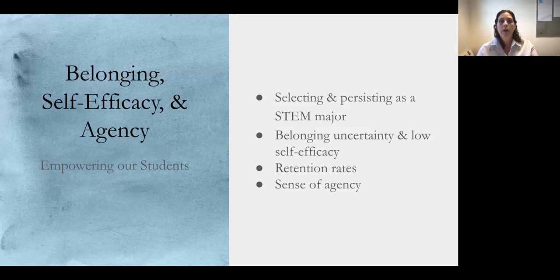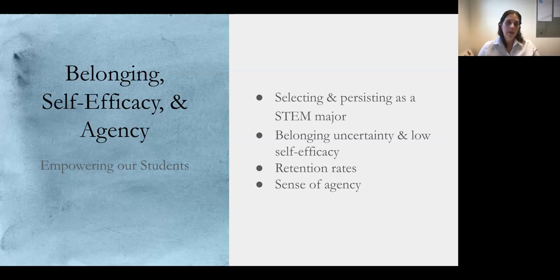And so belonging, uncertainty and self-efficacy both can negatively impact whether or not a student decides to both pursue a STEM major as well as to stay in it. And part of that is self-perceptions as well.